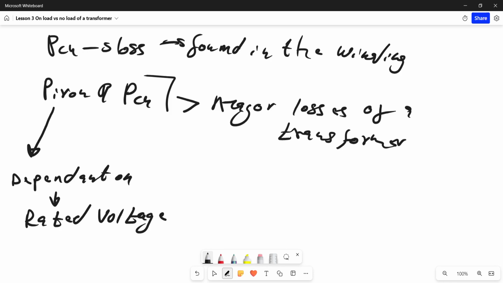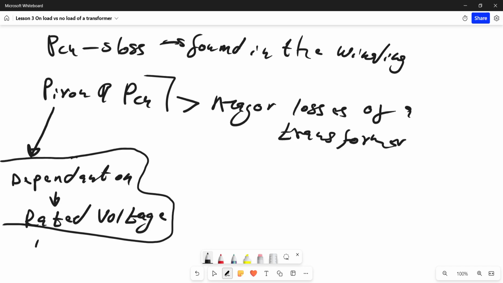When we test iron losses, we leave the high voltage side open and supply the low voltage side. So our iron losses depend on the rated voltage of the low voltage side, the side in which we supply. You need the total 100% of V1 to determine the iron losses.